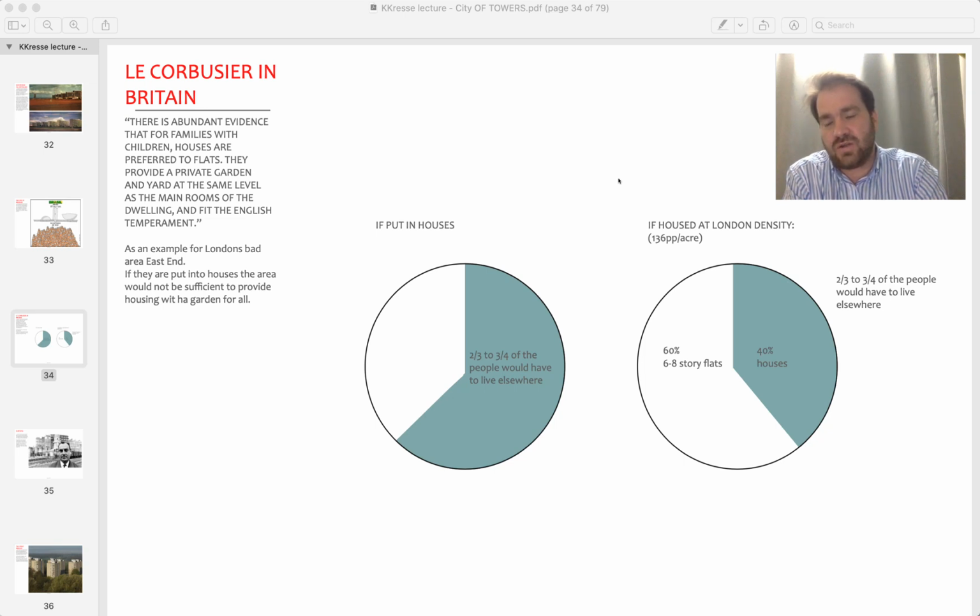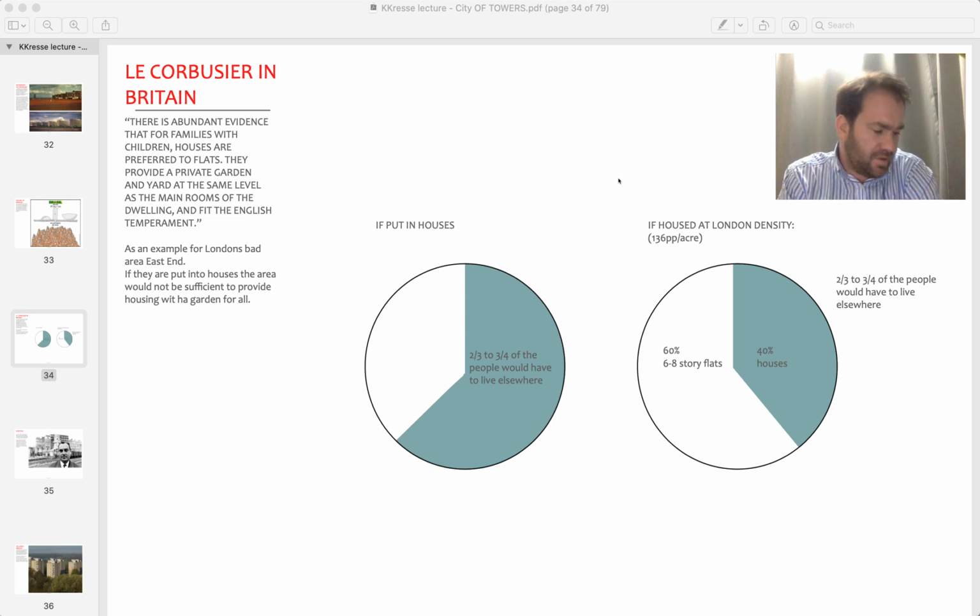So you can imagine if you try to house all people in row houses with one or two floors, everybody has their front yard and backyard, this results in a large consumption of land, and the effect would be sprawl, right? People have to be spread out over a lot of land.